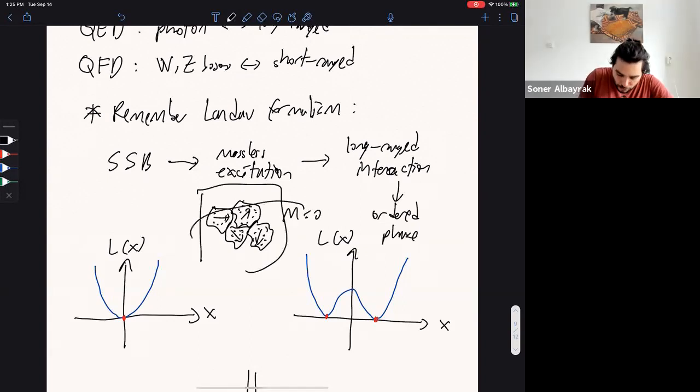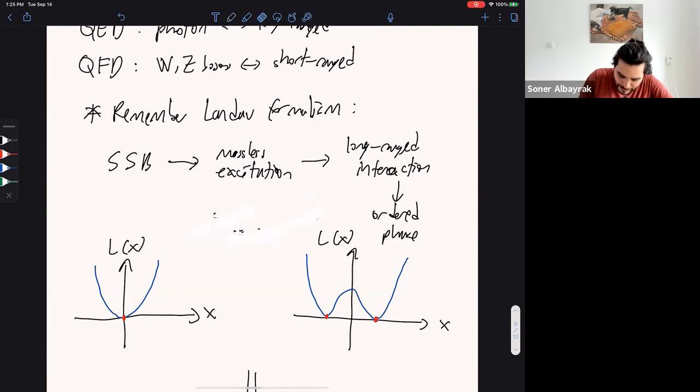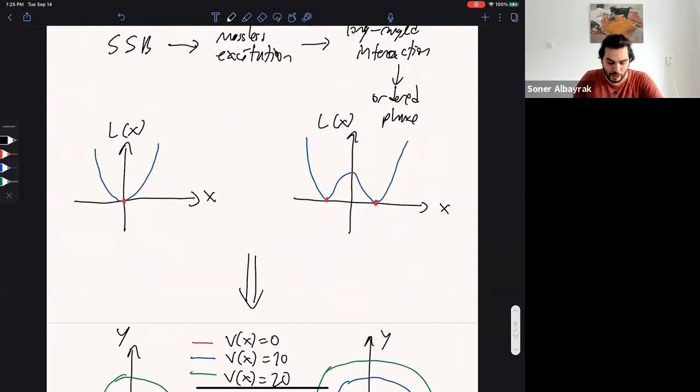But if there's a long range interaction, then we can expect all of the magnets to align with each other. That means long range interaction, or the massless excitation, is a sign for order. And we observe this in the lambda formalism because this value of x is actually the value of the order parameter at the minimum.